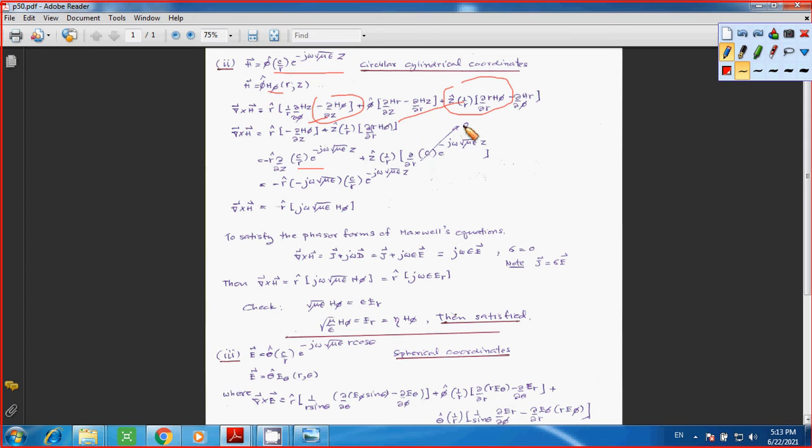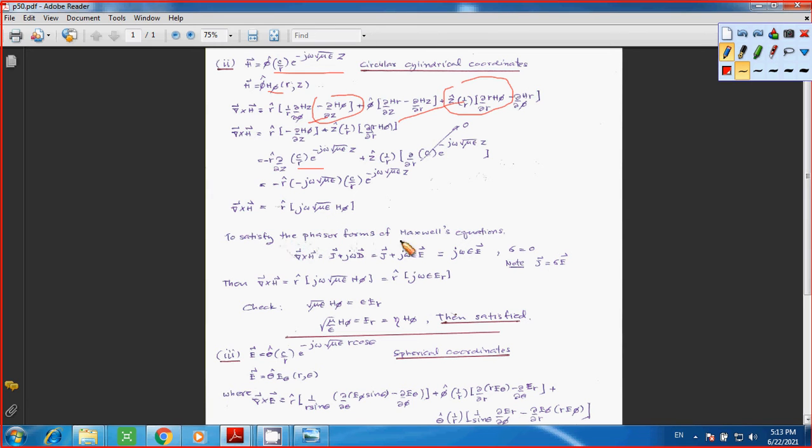So this term also drops because you differentiate a constant. And then finally you have curl H equal to unit vector r j omega square root of mu epsilon H phi.